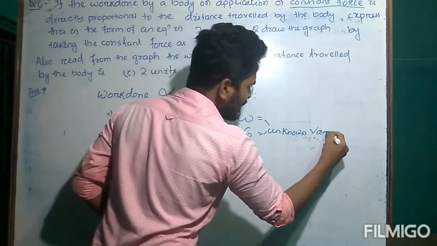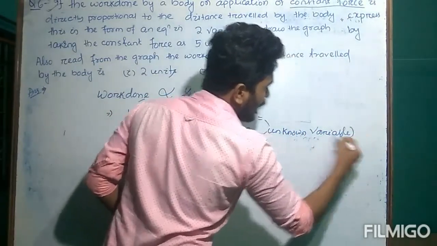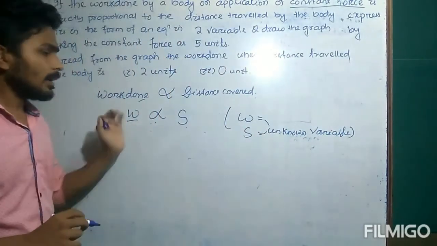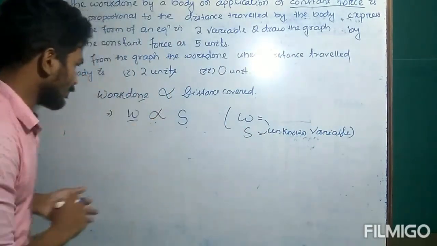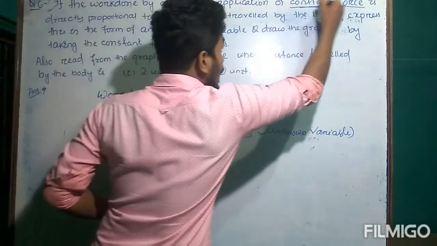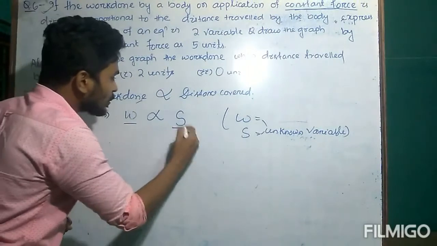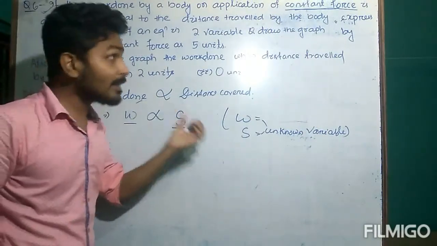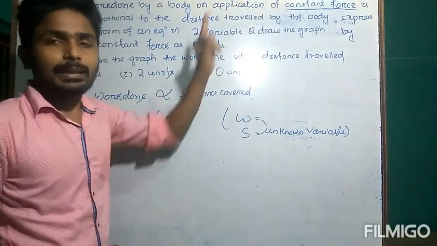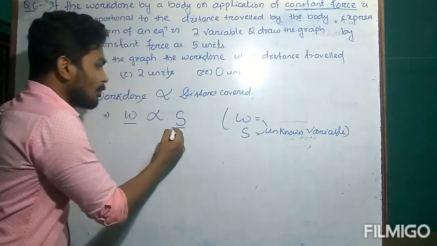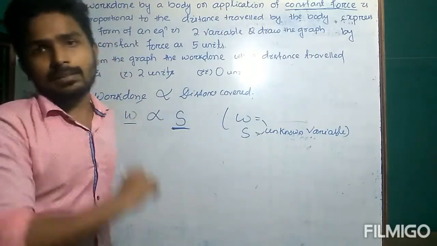You can use X and Y also, but here I use W and S. Understood this? Next, it is given that you have to apply a constant force on it. So in order to equate these two terms, I have to use a constant force, and that constant force must be multiplied with the distance covered.